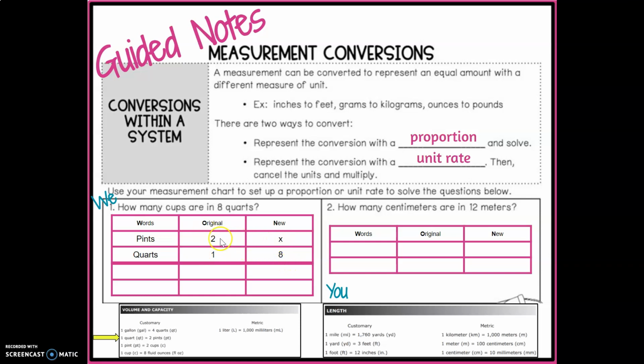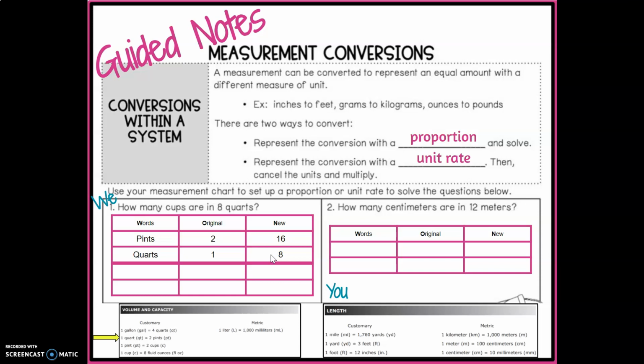So x is just going to equal this 2 times 8, because this 1 isn't going to really do anything if I divide by it. It's still going to be the answer. So if I have a unit rate of 1, I'm just going to multiply, or cross multiply. So 2 times 8 equals 16. I have 16 pints for 8 quarts.